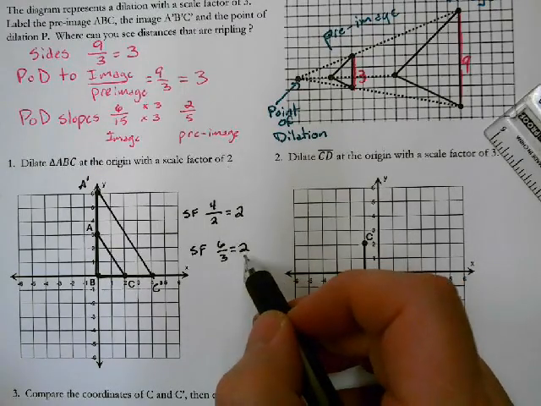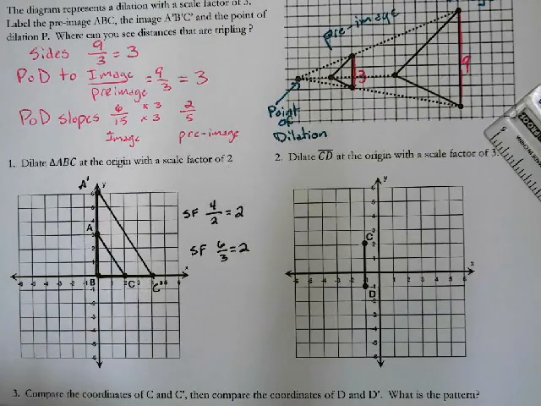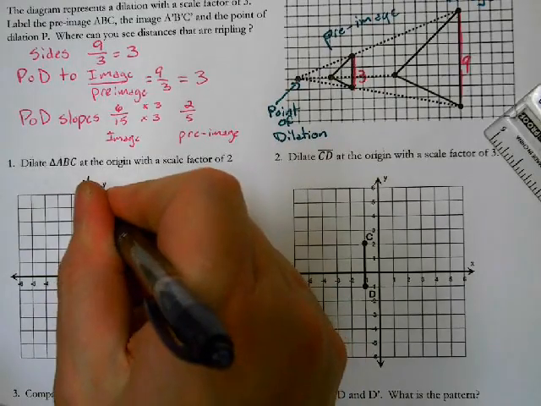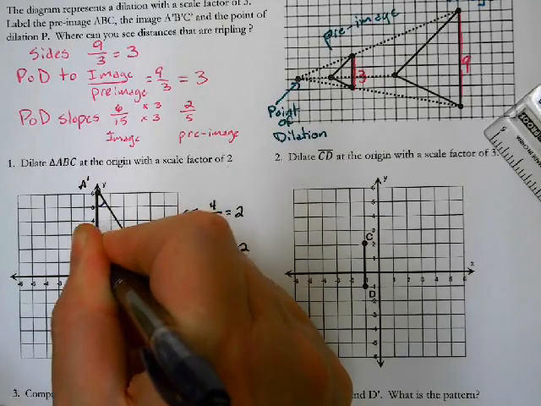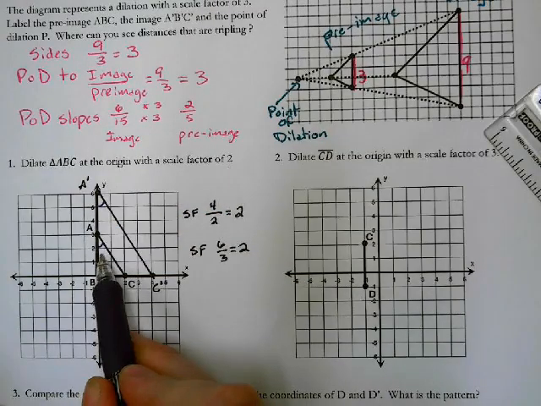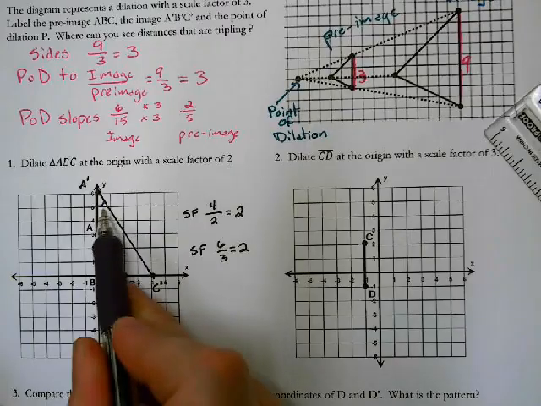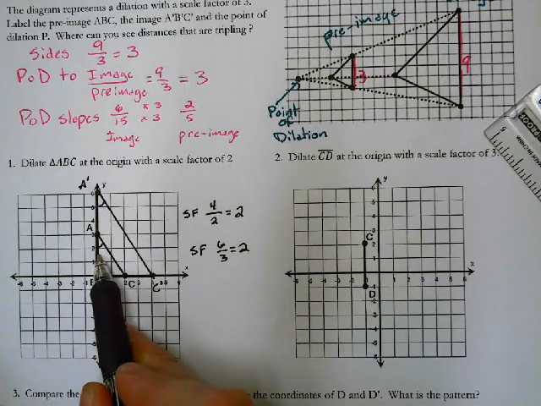But the angles are not proportional. The angles are congruent. What that means is this angle up here is exactly the same measurement as this angle down there. The angles are the same. So the angles are congruent. It's the side lengths that are not congruent.